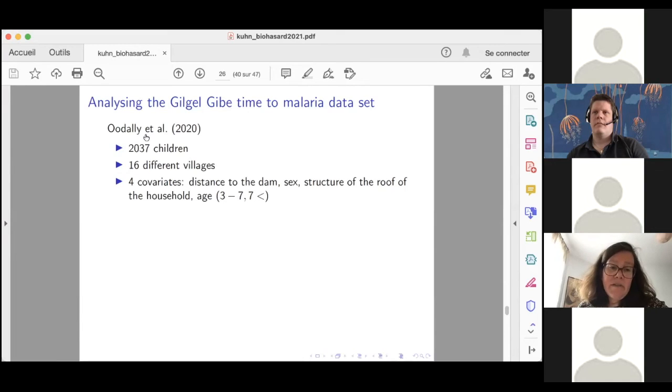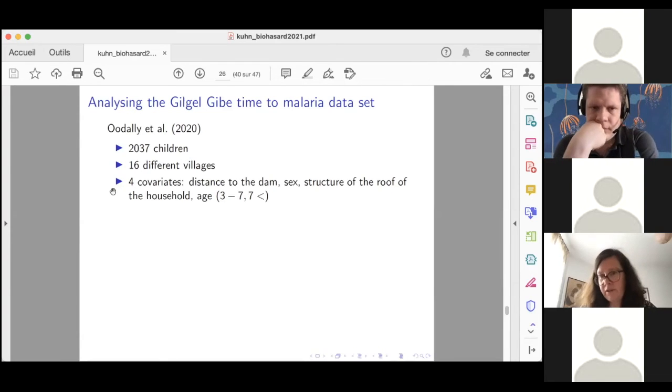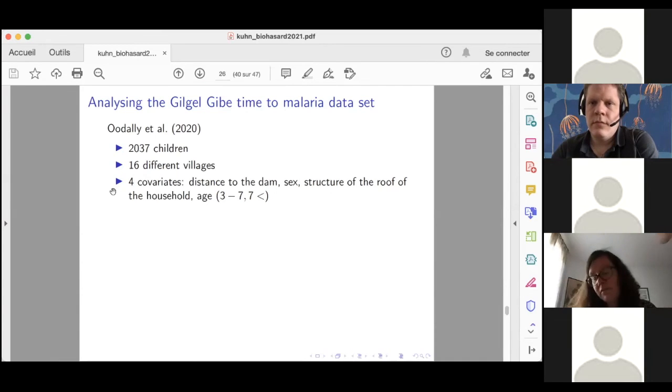So we have more than 2,000 children, 16 different villages, and we consider 4 covariates. The first covariate is the distance from the household to the dam. We also take into account the sex and the structure of the roof of the household, because this structure can allow the mosquito to go more or less inside the house, depending on how strong it is.